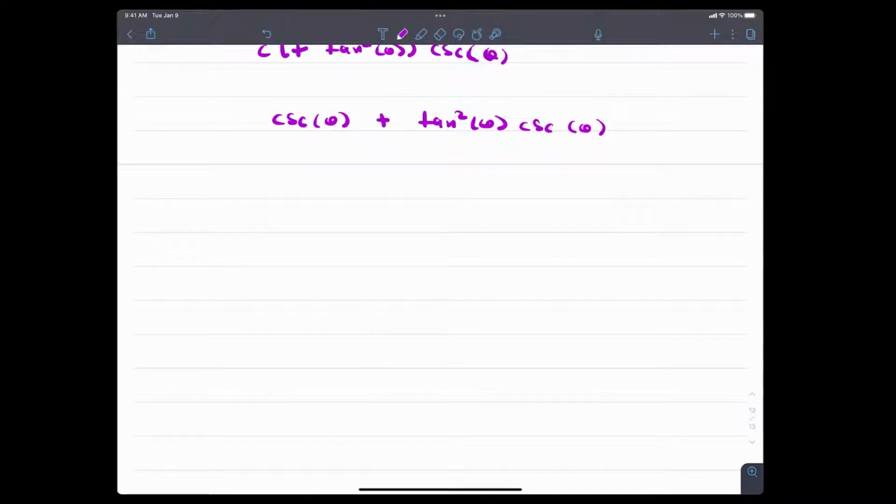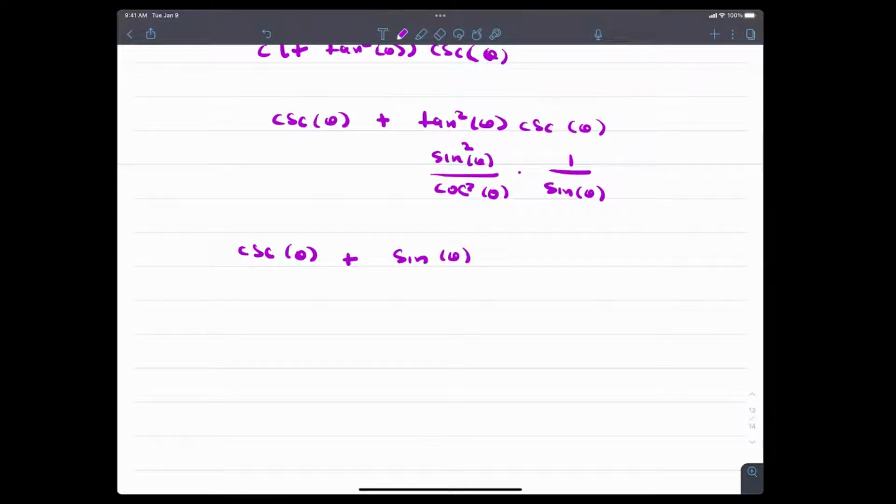And then you might say, can I replace that with sine theta? Let me see. Sine squared theta over cosine squared theta times 1 over what? Sine theta. So I have cosecant theta plus sine theta.